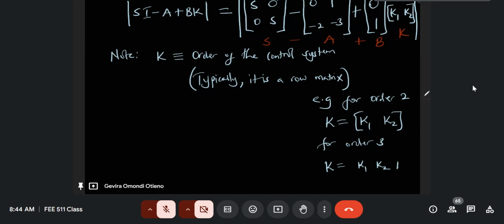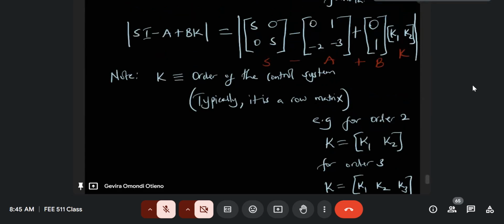And order 4 would be K1, K2, K3, K4. But it's typically a row matrix. So that is how we obtain K. I've indicated it on the equation there, so it should be clear. So you can solve this because this is now easy.